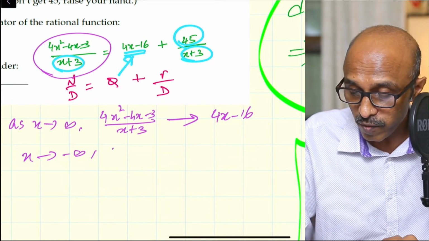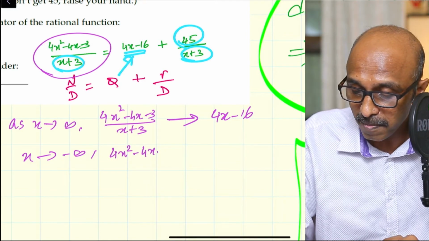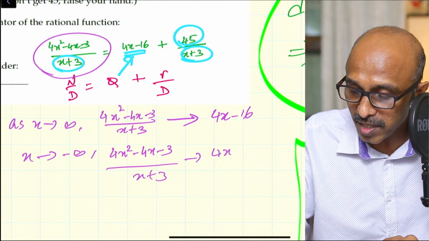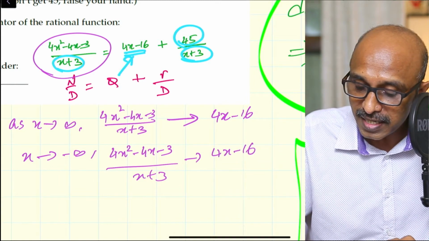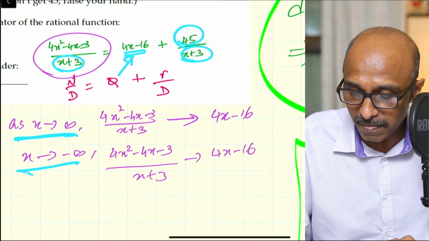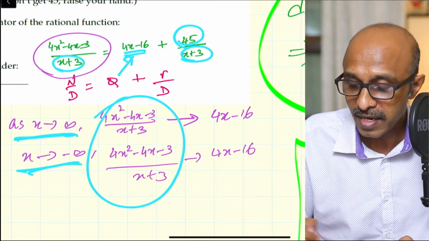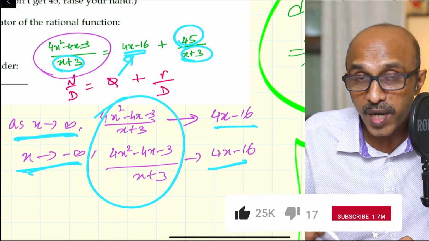Likewise, on the left-hand side, 4x squared minus 4x minus 3 over x plus 3 behaves identical to 4x minus 16. That means that the end behavior of this rational function is identical to the straight line.